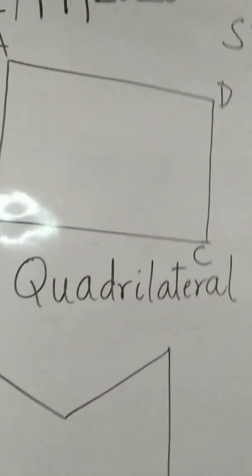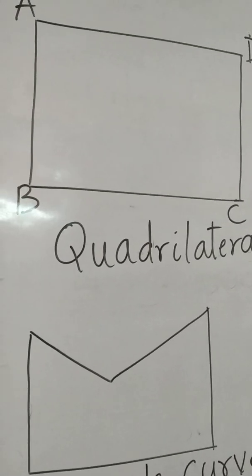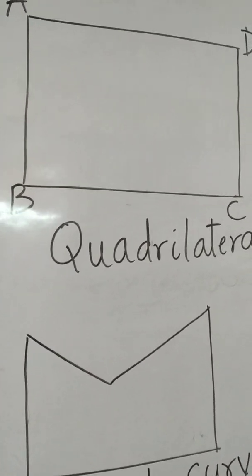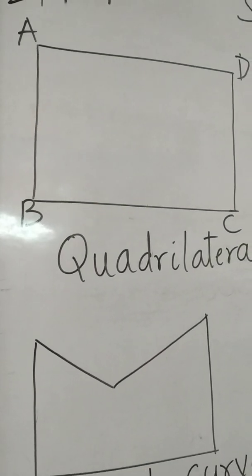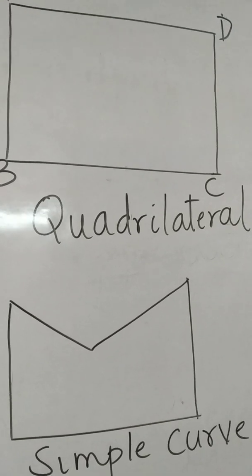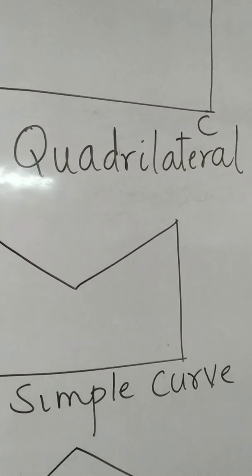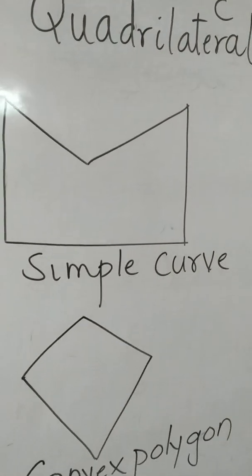The first figure is a quadrilateral. A quadrilateral is formed by 4 line segments, AB, BC, CD, AD, having 4 angles, and the total sum of all the angles is always 360 degrees. Second figure, you see, is a simple curve.